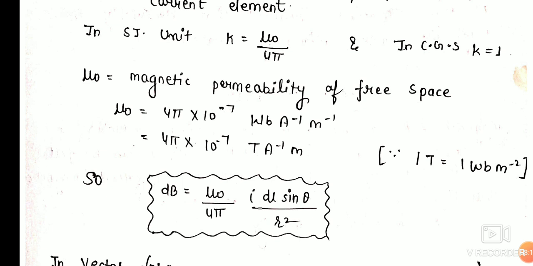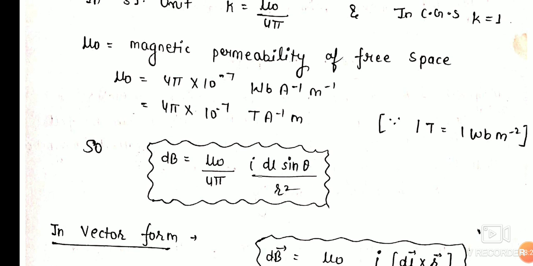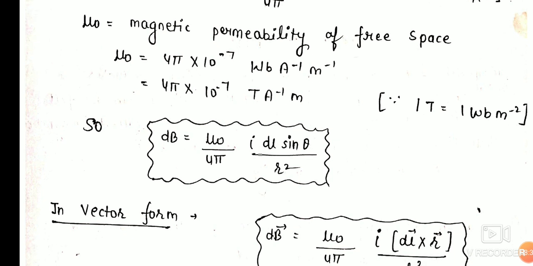The value of mu naught is 4 pi into 10 to the power minus 7 Weber ampere inverse meter inverse. In Tesla form, it is 4 pi into 10 to the power minus 7 Tesla meter per ampere, because 1 Tesla is equal to 1 Weber per meter square.